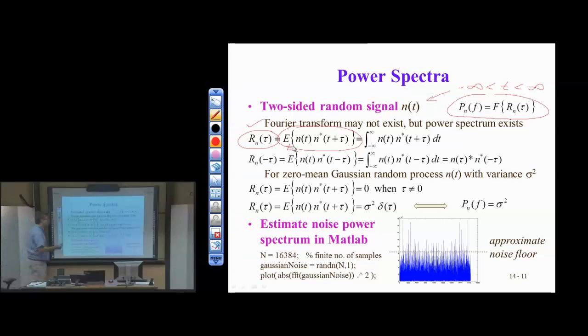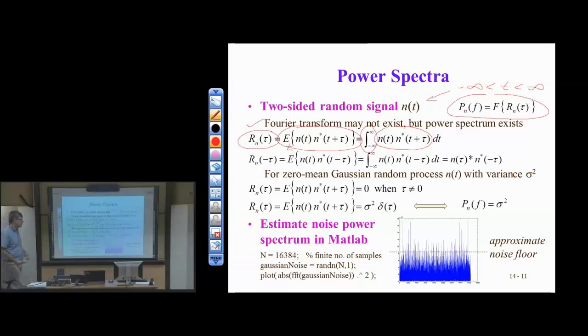What's in the curly braces is the noise times the conjugated and shifted version of the same noise. We look at the average value in some sense, so we integrate over all time. We can't divide by the duration, because that duration is infinite. Now, that doesn't get us very far.